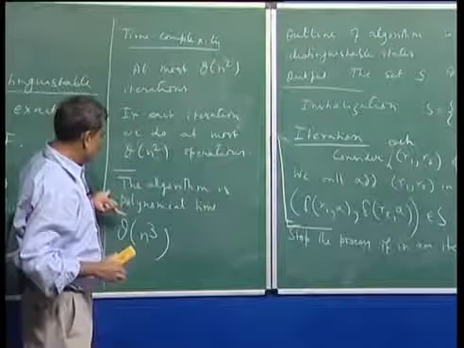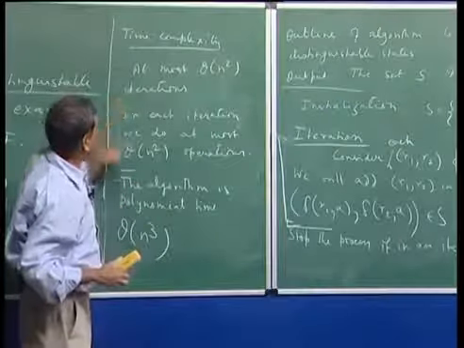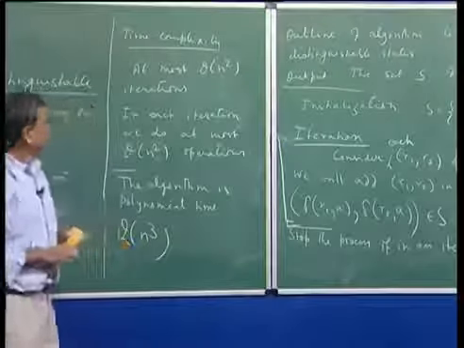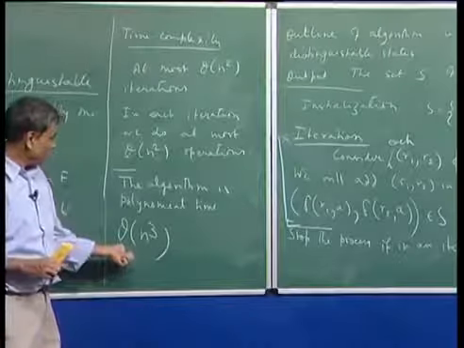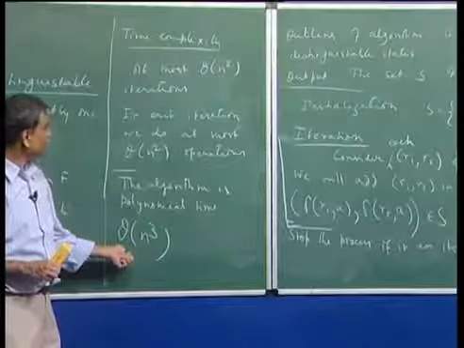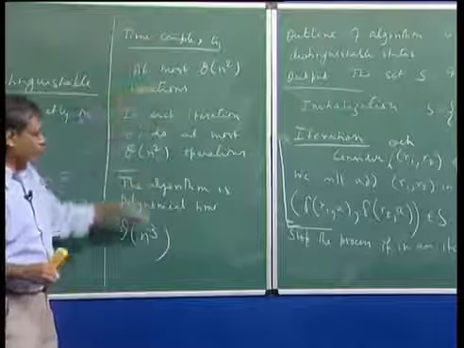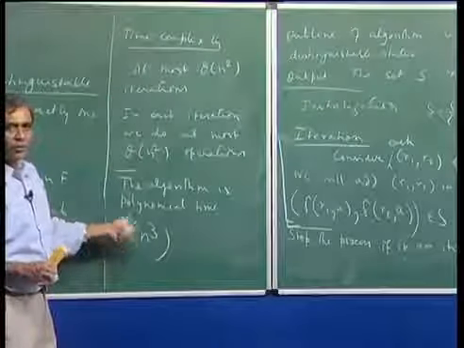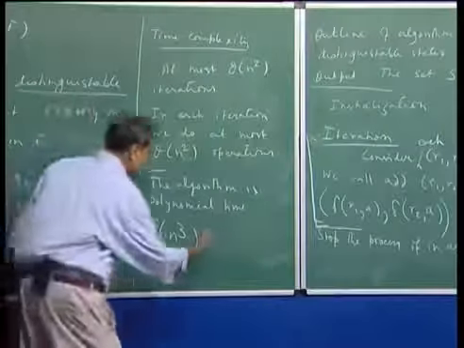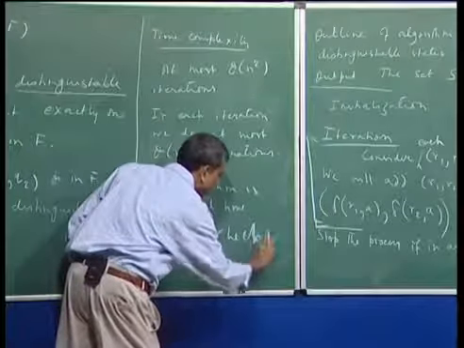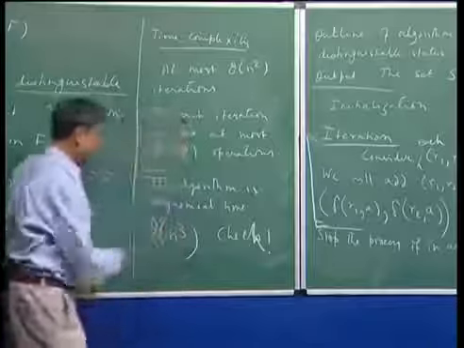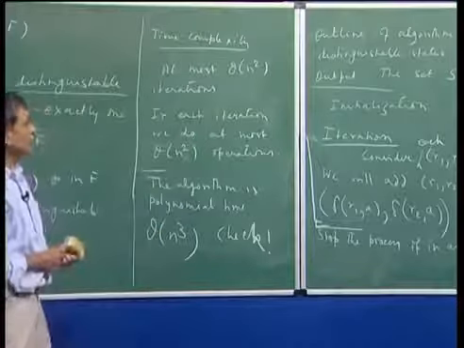Just to make the point that it is polynomial time, I made this rather loose argument, but you should be able to check that this is indeed order n cube, though it does not immediately follow from what I have said.